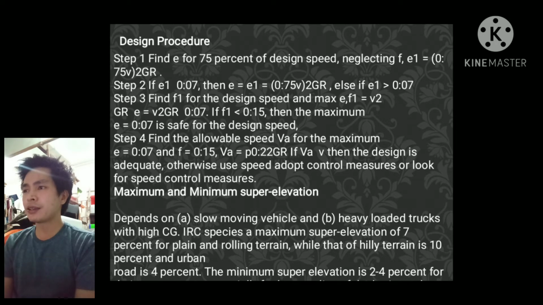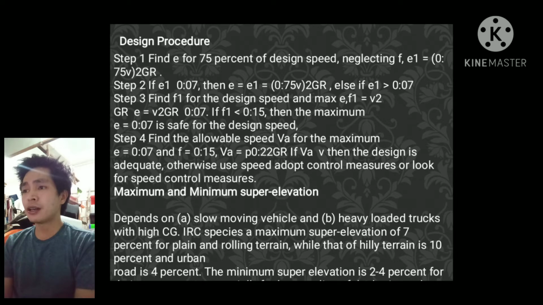Step 3: Find f1 for the design speed and maximum e. f1 equals V squared by gR minus e, with e equals 0.07. If f1 is less than 0.15, then the maximum e equals 0.07 is safe for the design speed.